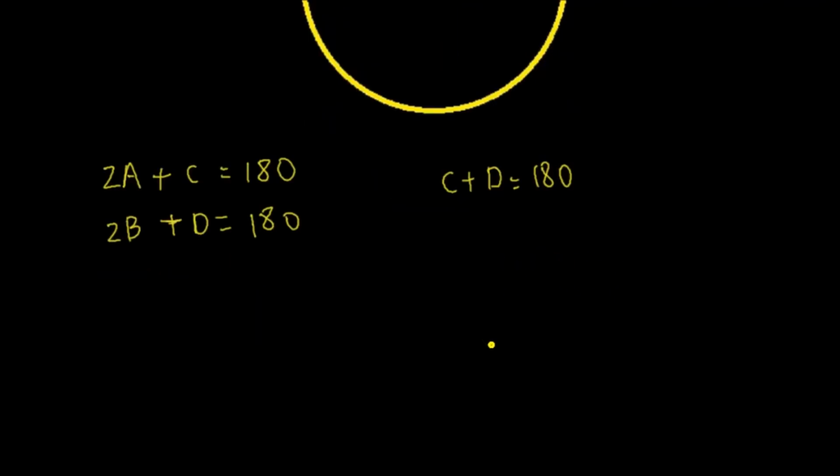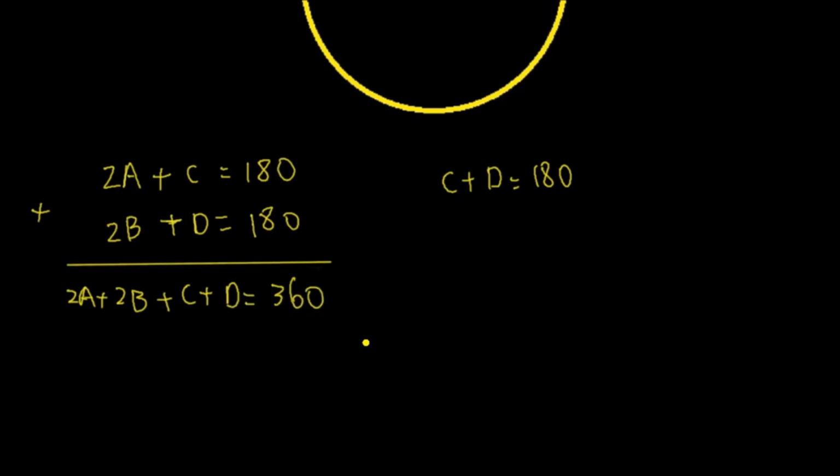Okay, so let's try to do something here. With these two equations, we should add them up. So let's do this. Add them up. 2A plus 2B plus C plus D is equal to, on the right side, 180 plus 180 is 360.